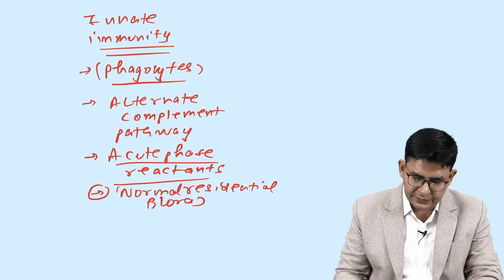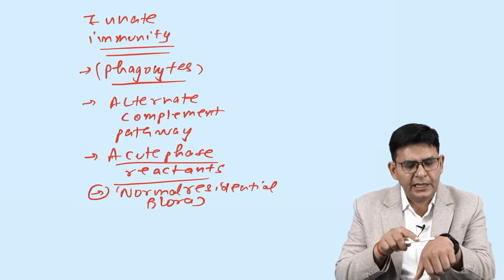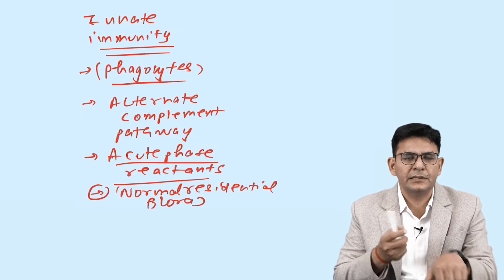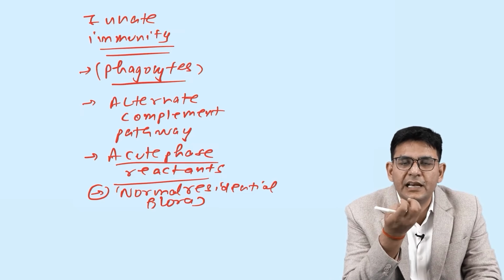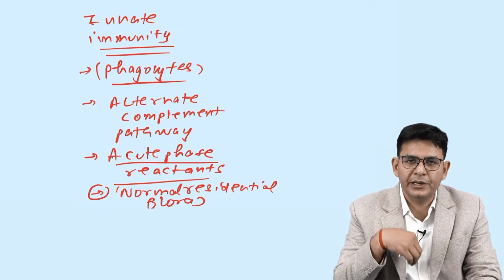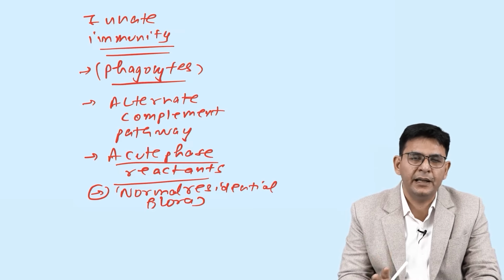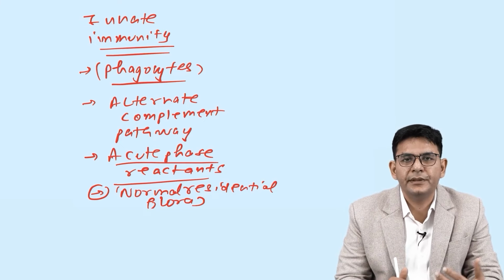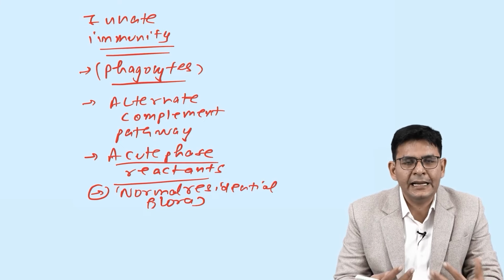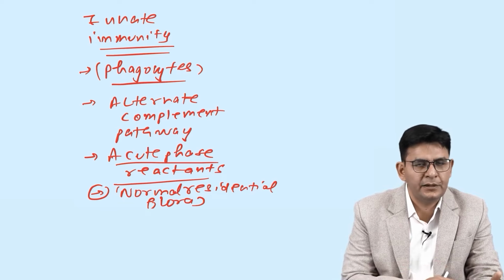Innate immunity. Fine. So right from your skin, mucosal barriers, inside the mouth the saliva, then going deep inside, all those things which are your natural barriers are a part of what? Innate immunity.